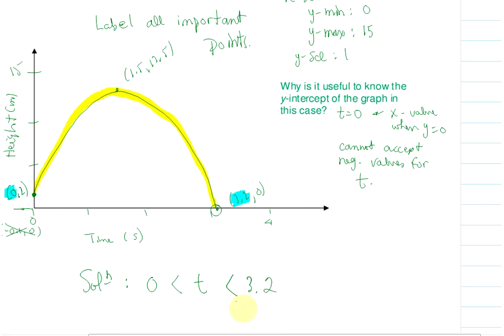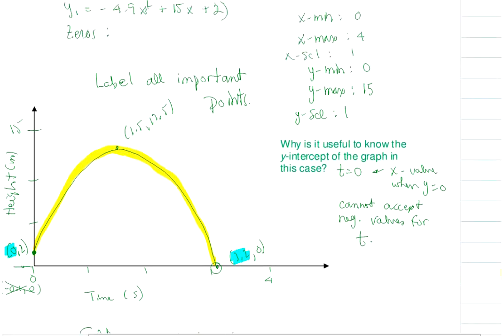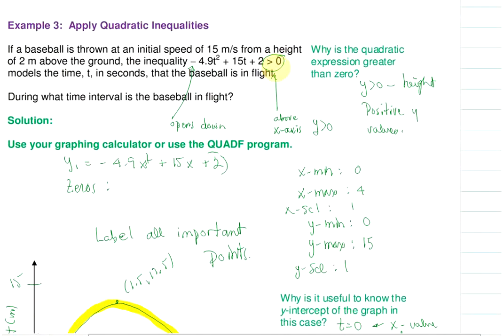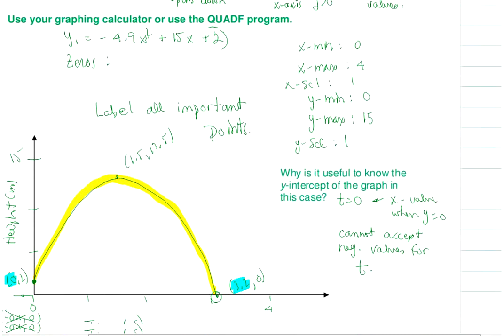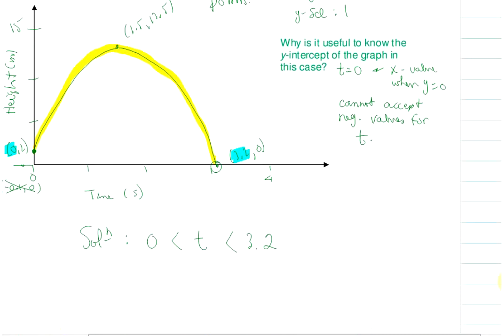Okay, so that's how we'd write our solution for this. And we're not going to include equal to, because if you take a look at your original inequality, it just has greater than and not equal to. So what does this mean? Well, it means that the baseball is in the air from 0 seconds all the way to 3.2 seconds.